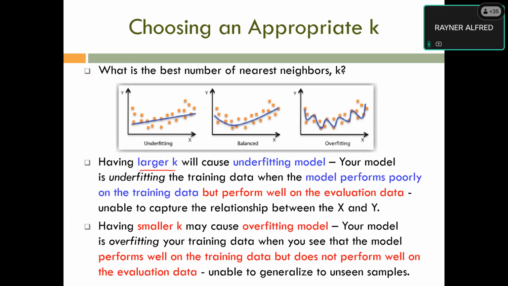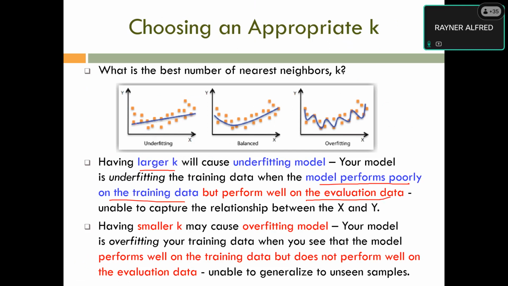When you want to fulfill more requirements, your separator or your model will be a straight line. So when you have a straight line, that means you will cause underfitting. So underfitting is where your model performs poorly on the training data, but performs well on the evaluation data.